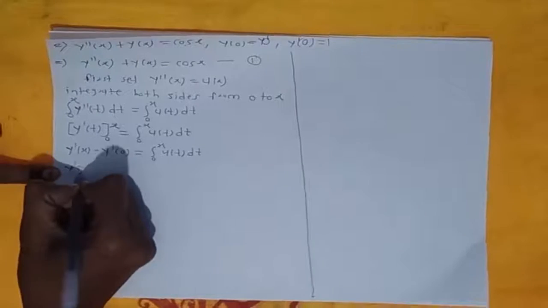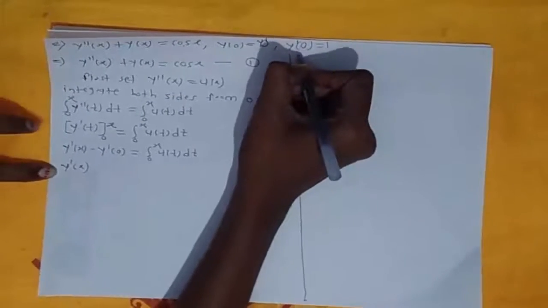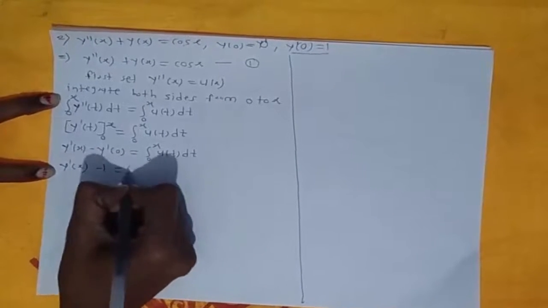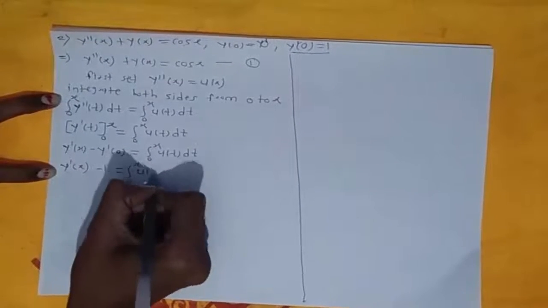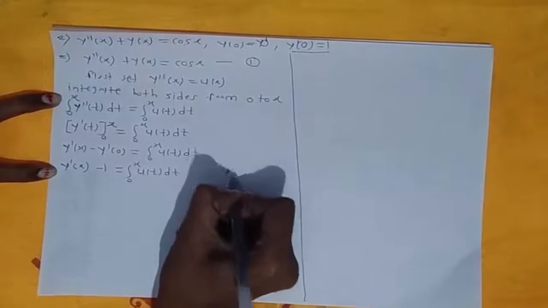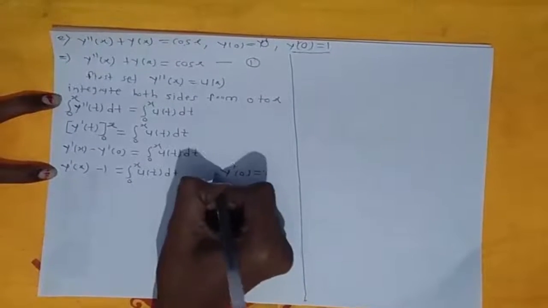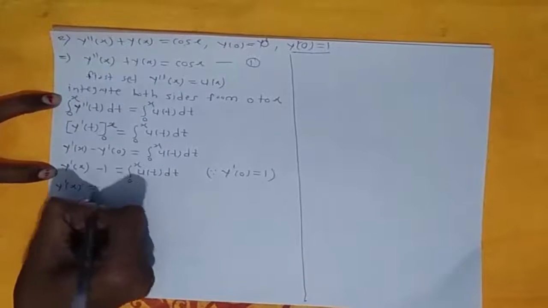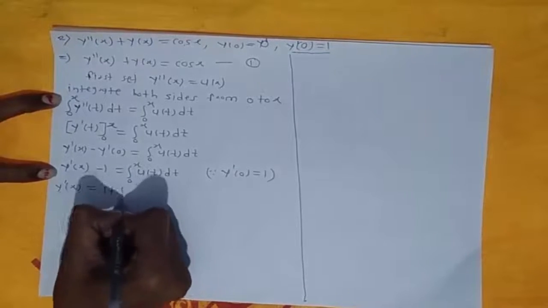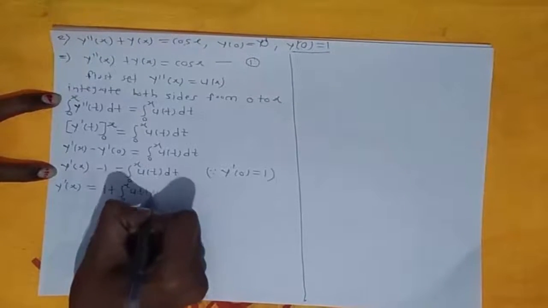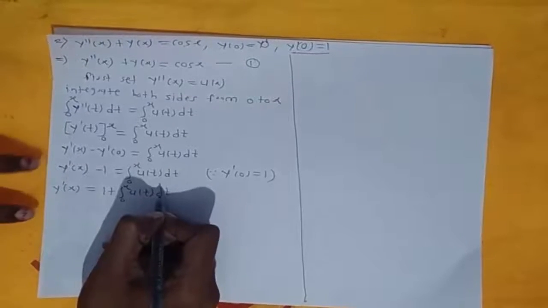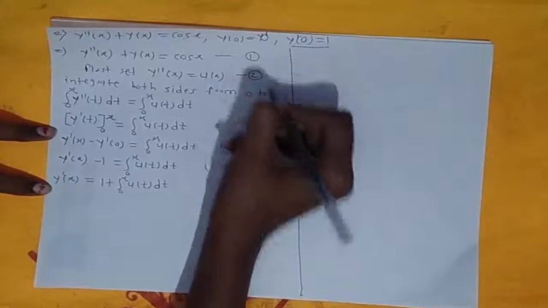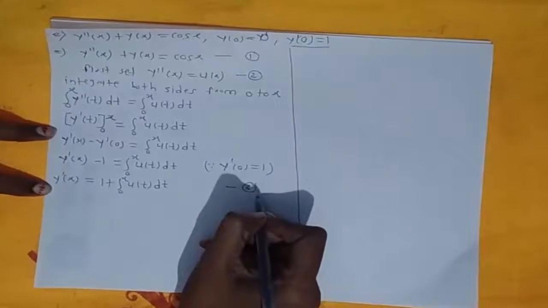Here we use the initial condition y dash of 0 is equal to 1. Then y dash of x is equal to 1 plus integration from 0 to x u of t dt. Take it as equation number 2 and equation number 3.